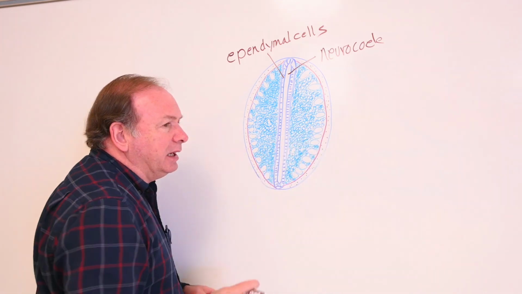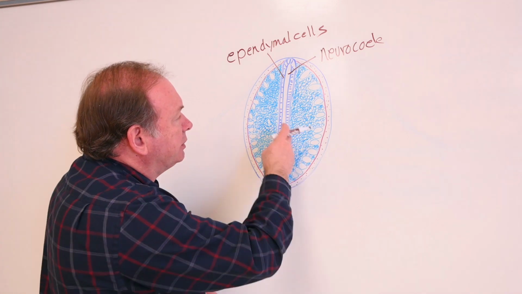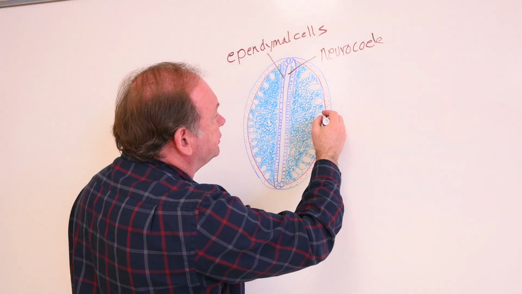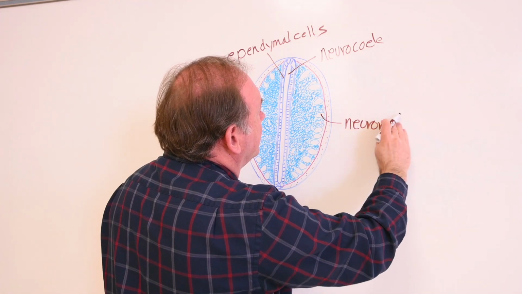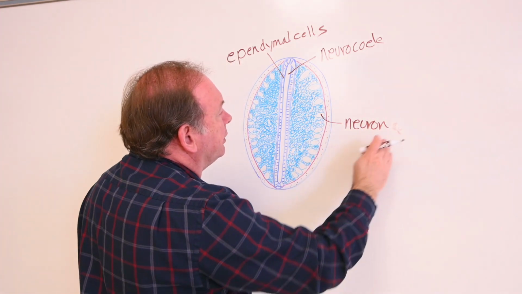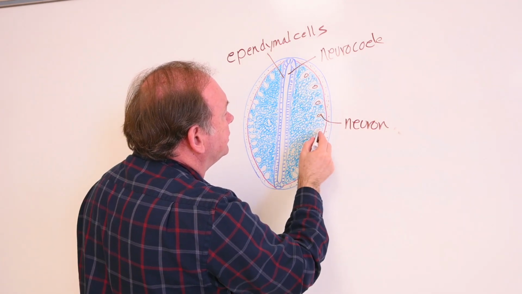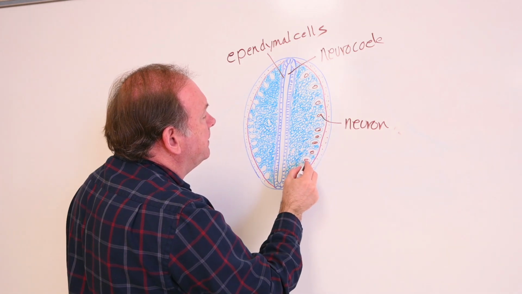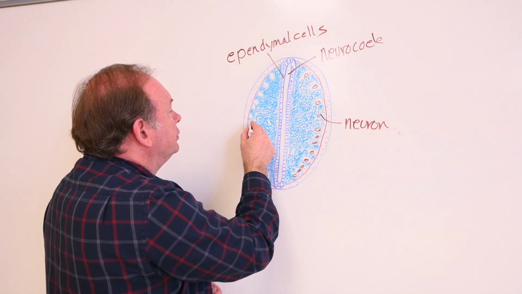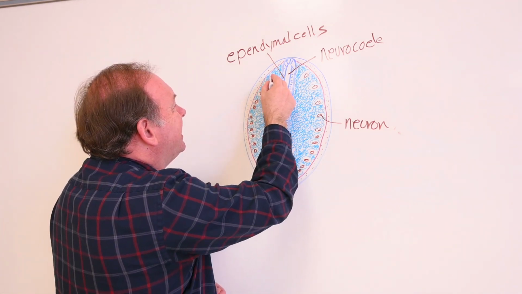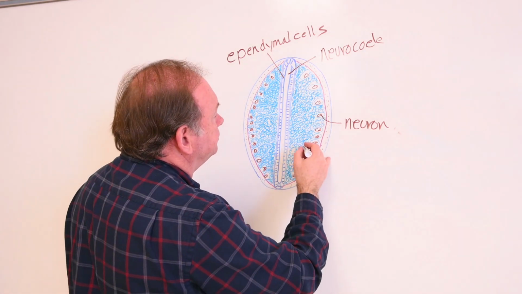Out beyond that, we had a layer we identified as the mantle layer or the intermediate layer, and that's all in blue in here. And some of those cells become neurons. So there's a single neuron there. I'm going to put a little brown nucleus in all these neurons, these larger cells, just to make them easier to see. So our neurons are primarily located out around the margin of our mantle layer or our intermediate layer.